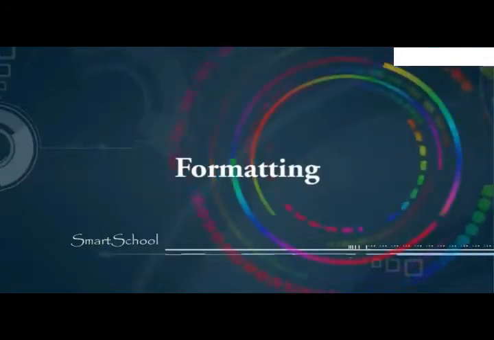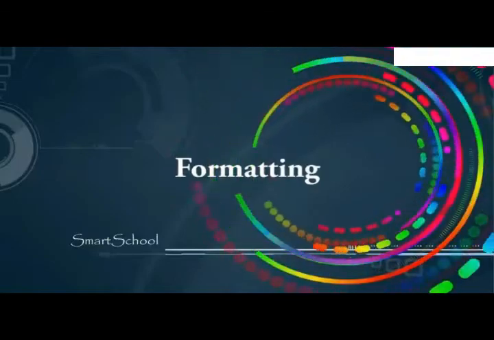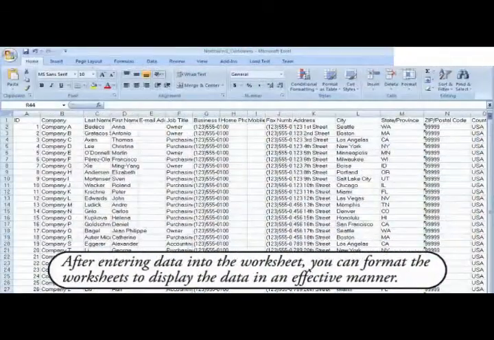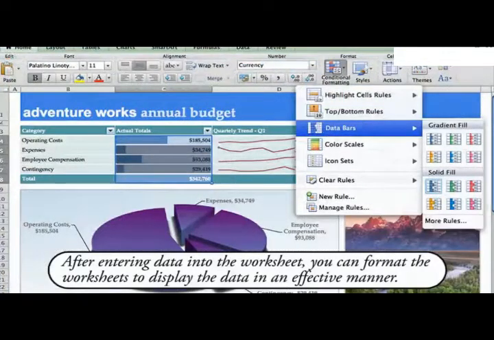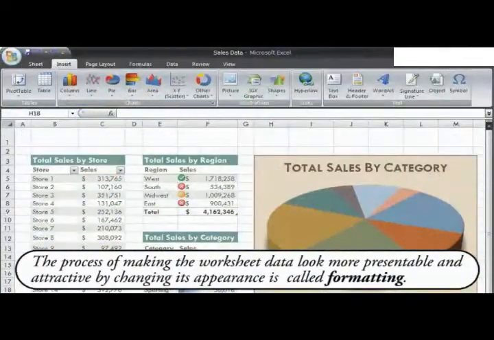Formatting. After entering data into the worksheet, you can format the worksheets to display the data in an effective manner. The process of making the worksheet data look more presentable and attractive by changing its appearance is called formatting.